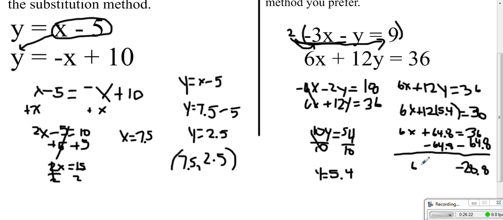And 6x is equal to that. Divide by 6. You will get a negative. X equals negative 28.8 divided by 6, and you get a negative 4.8.